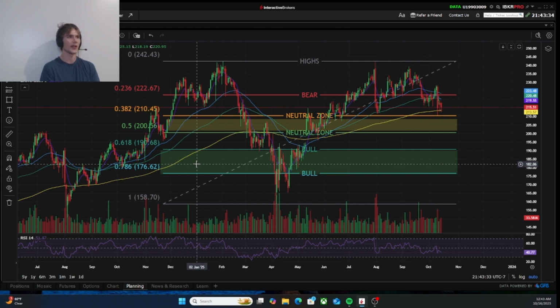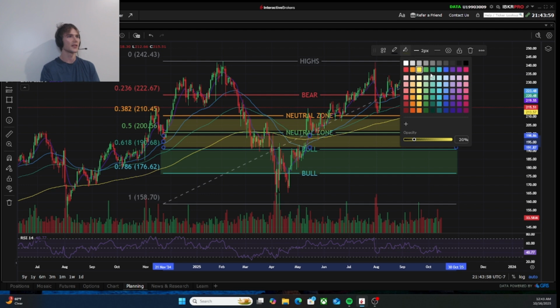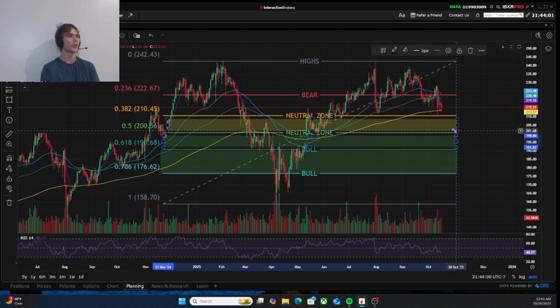Just like when you're looking at EMAs on a higher time frame, the EMAs 100 and 200 are always going to be more powerful than the 50s and 20s. So the 618 to 0.5 range is still a bullish sentiment for me, but it is not as powerful as the 786 and does not have the same strength for rewards.